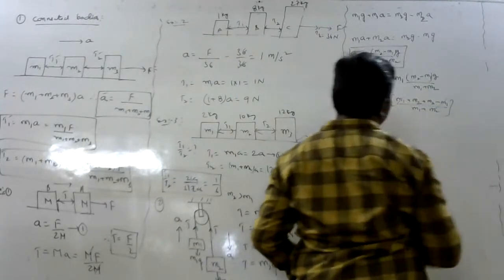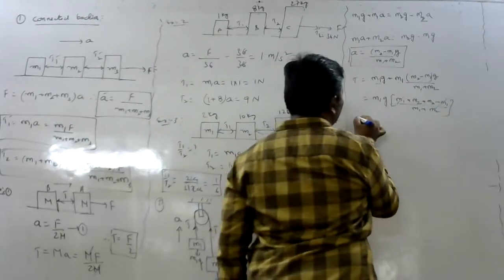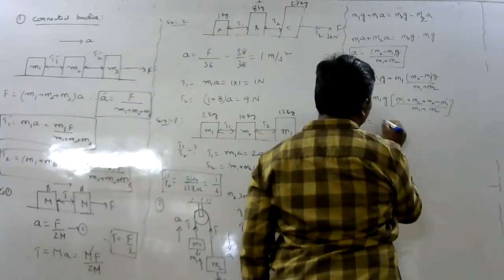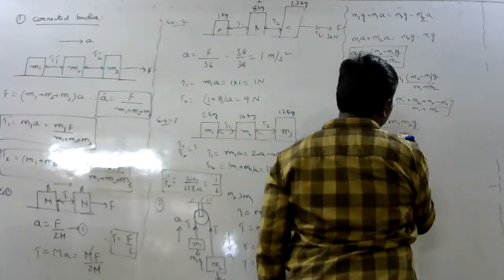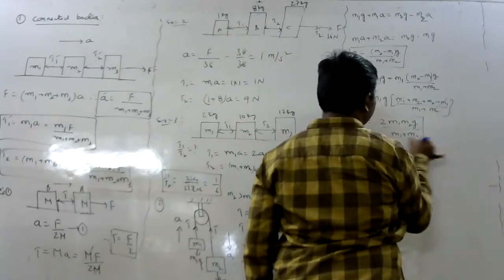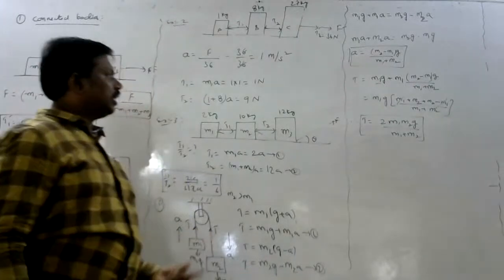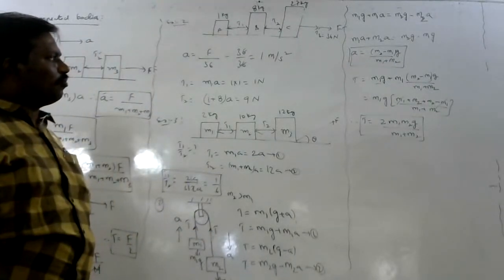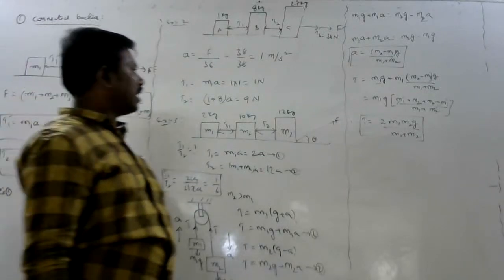Minus m1 plus m1 will be cancelled, m2 plus m2, 2m2. Therefore, the tension in the string T is equal to 2m1m2g by m1 plus m2.